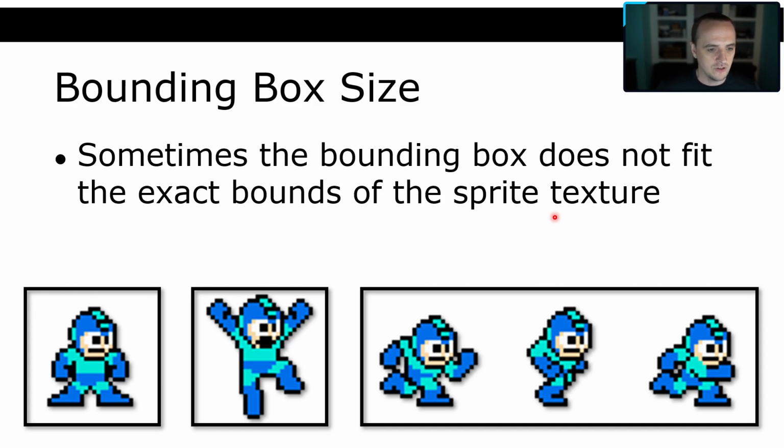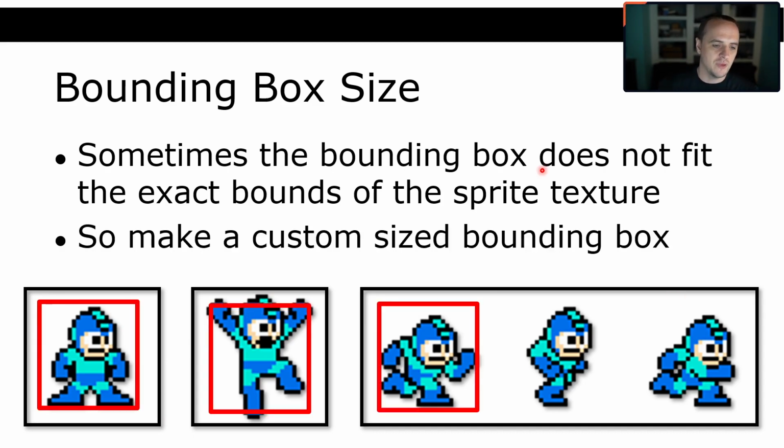And so what we do as the game developer is we say, okay, in some cases Mega Man is not going to be occupying the entire area, sometimes more or less area. So we're going to have to make a bounding box that is not the same size as the texture that's being drawn, okay? So here, for example, in Mega Man, and this is what actually happens in the game, when Mega Man is jumping, part of his head will not collide with bullets, and part of his foot will not collide with bullets.